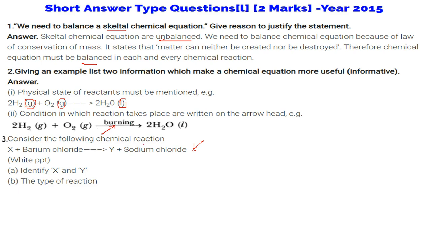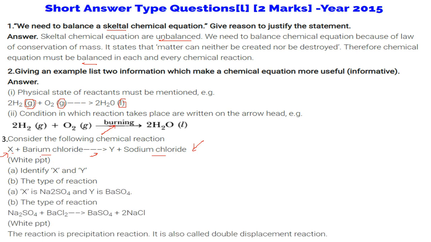Consider the following chemical reaction: X plus barium chloride gives Y plus sodium chloride, and a white precipitate is being formed. We have to identify X and Y and the type of reaction. Because sodium is present, it must have come from sodium sulfate, so X is Na2SO4.